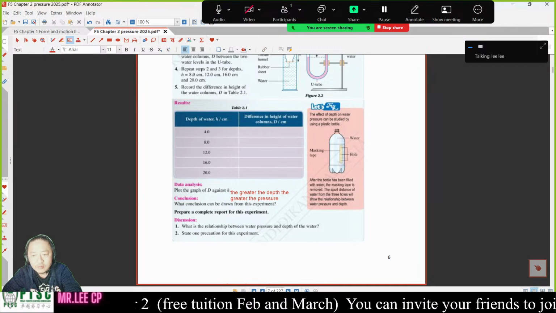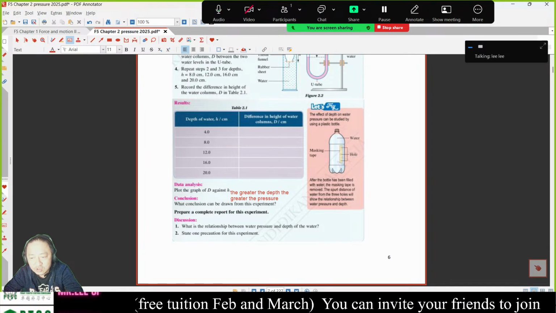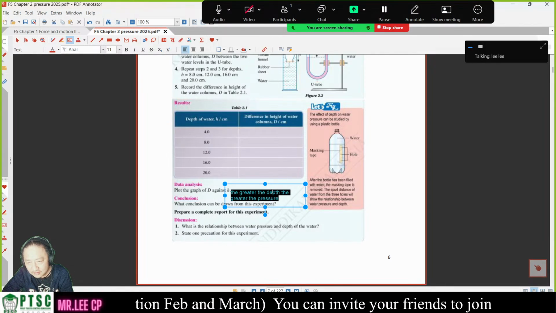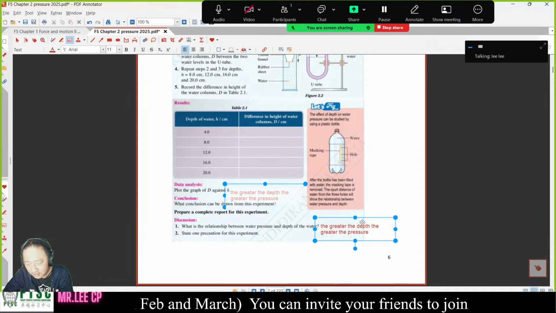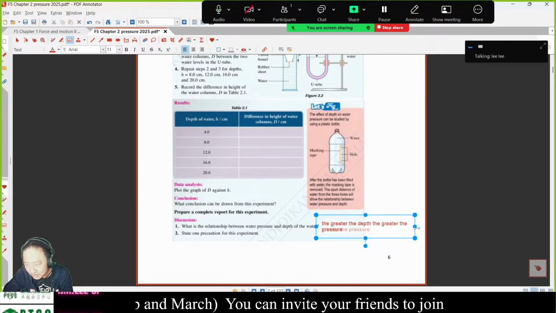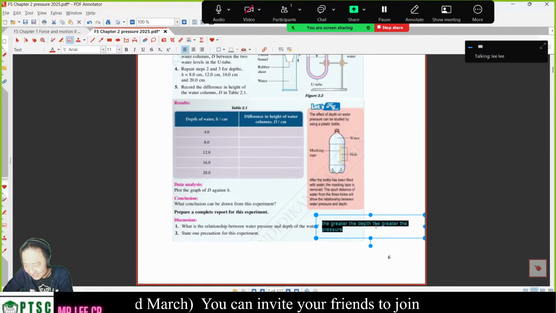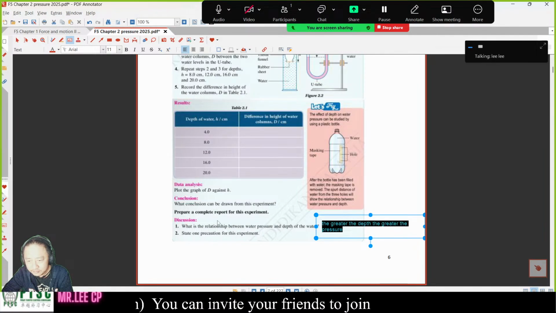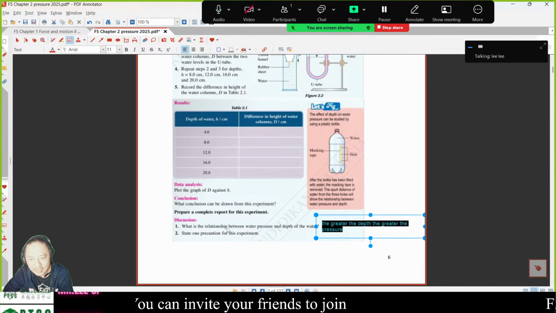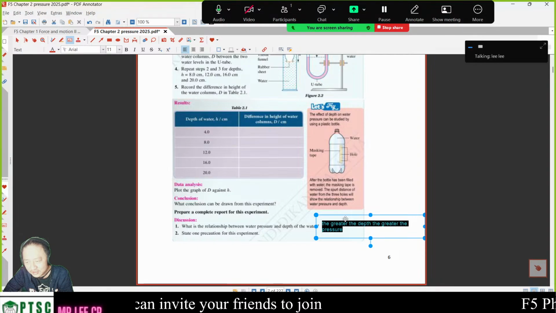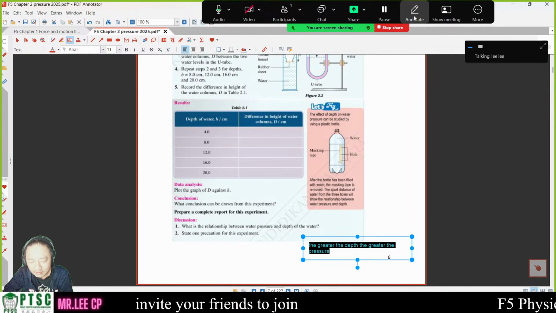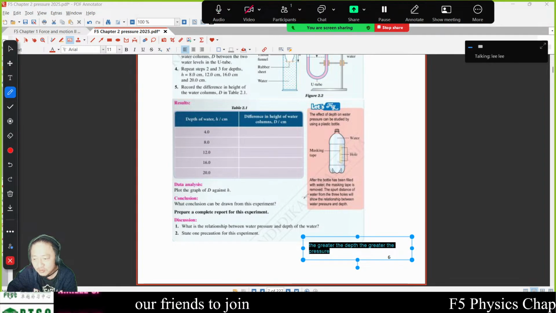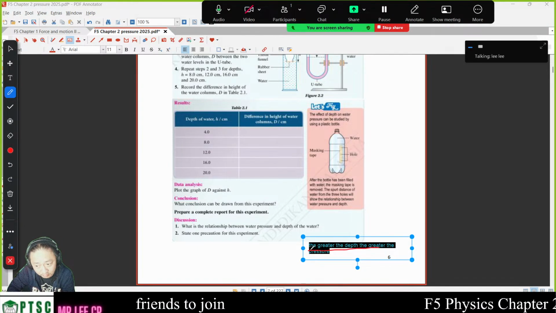Okay, now what is the relationship between water pressure and the depth? This one I cannot do, because you need to draw the graph. So normally, if you don't draw the graph, you can answer in this way.